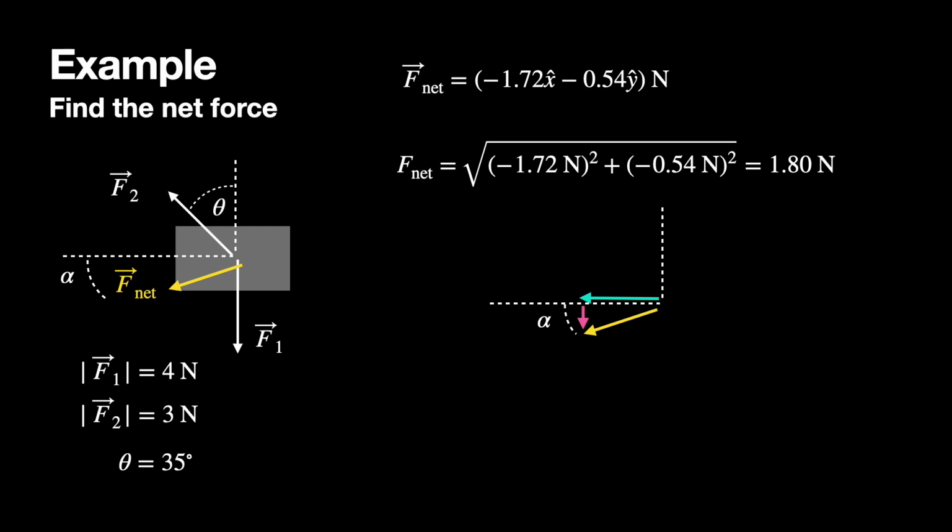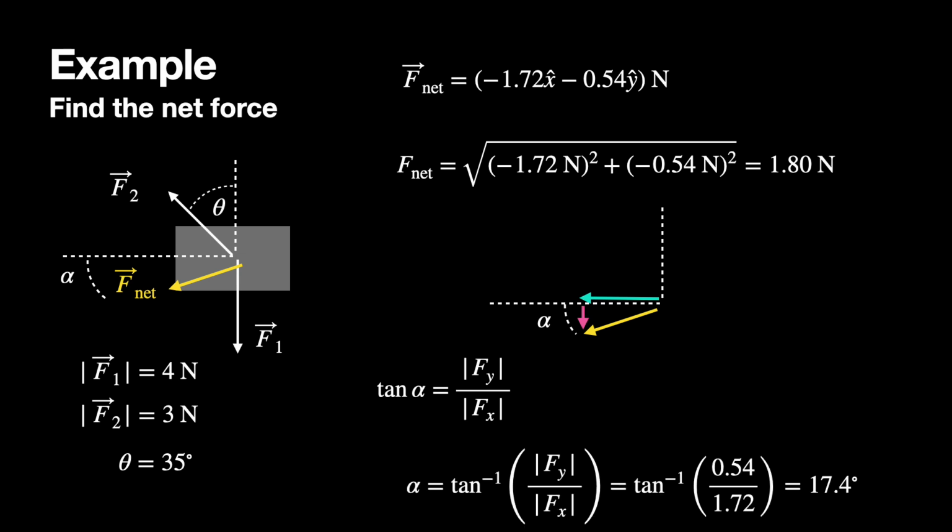If I know the values of my components, I can use the tangent. The tangent of alpha is defined as opposite over adjacent. In this case, even though the triangle's flipped upside down, I don't really care. I'm just going to take the magnitude of Fy, that's my opposite value, and the magnitude of Fx, divide those two, and that would be my tangent. Then I can take the inverse tangent of both sides to get my angle. So I get inverse tangent of Fy over Fx using just the positive values. If you use negative values, you're going to get a different angle.